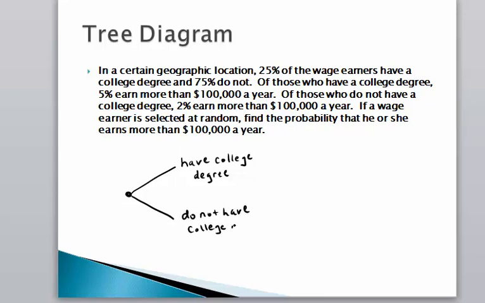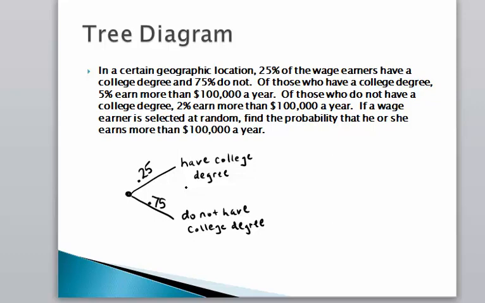And we know the probability for both of these. We know that 25% have a college degree, so my probability here is 0.25. And we know that 75% do not, so 0.75 is my probability that I choose someone who does not have a college degree.